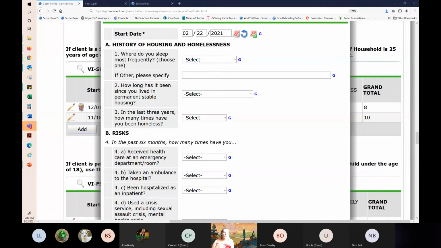So remind the client that this is not punitive, and that for us to appropriately connect you to the right services, we need your story. We need to hear what you are actually experiencing, for instance how many times you've been in the emergency room.